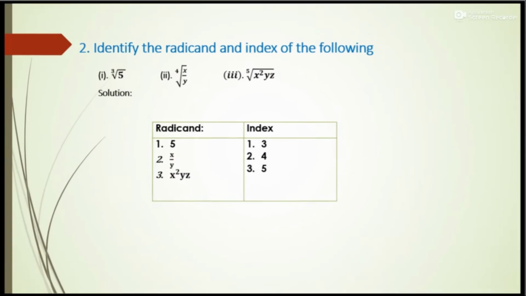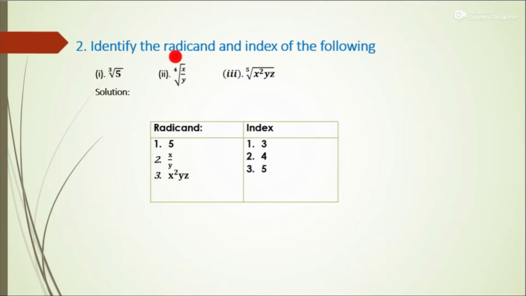Now question number 2, identify the radicand and index of the following. You know, the radicand means the number which is inside the root, and the power of the root is called the index. Now 5x upon y and x square y is the radicand, and the power of the root is the index. 3 we can write in the form of 1 upon 3, so the index is equal to 3.